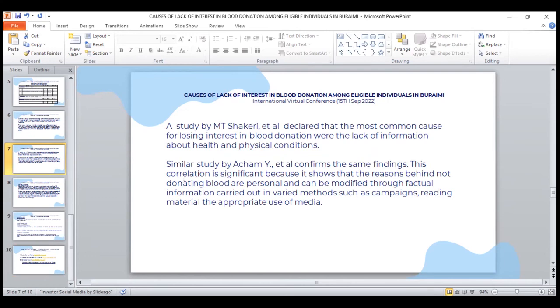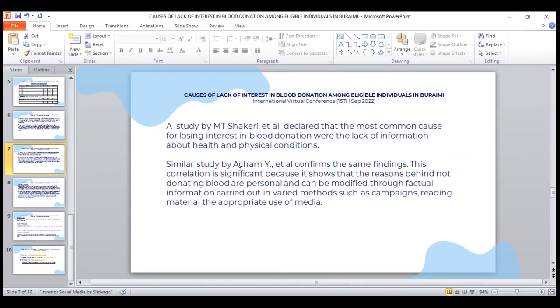Now, this is the cause. In their study by Shakiri and by Akam, the personal reasons are the cause for lack of interest in blood donation.